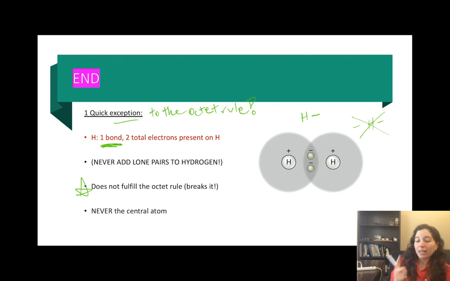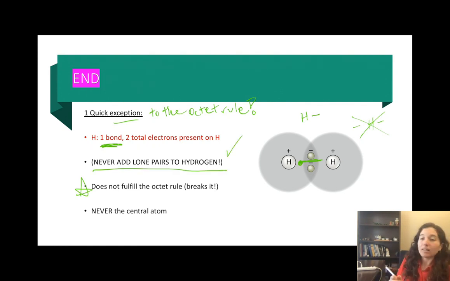That's because hydrogen only has 1 electron. So we can only form 1 bond with hydrogen because it's only got 1 electron to share. It can contribute 1, and the other atom coming in, whatever it is, carbon, bromine, another hydrogen, can share another one. But that's the max that can be shared with a hydrogen. So another good rule of thumb is to never add lone pairs to hydrogen.